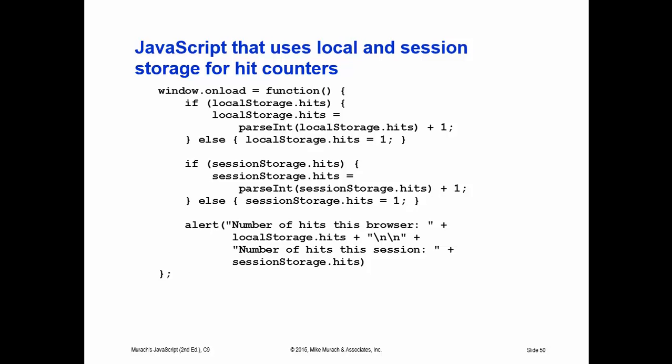Now, in the example right here, they're showing hit counters. Maybe you've seen this kind of thing before. Typically with a hit counter, every time someone visits a site, you add 1 to a counter to tell how many hits or how many viewers there have been. Now, this is a really, really simple hit counter.